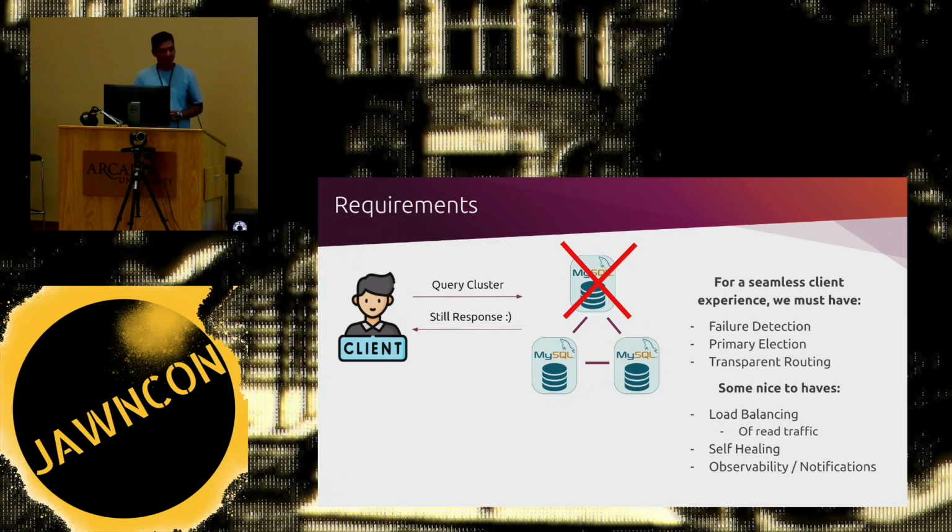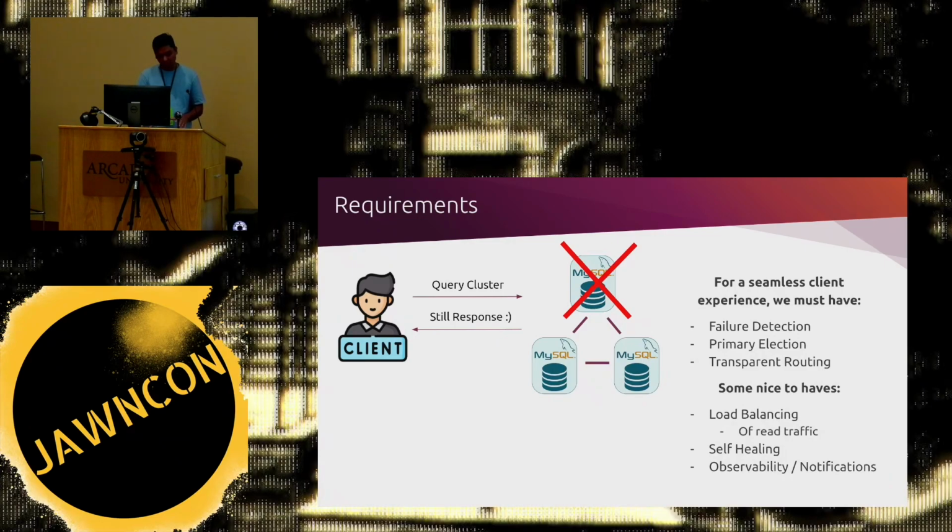Self-healing, so again, that covers any failure scenario, and having the cluster recover itself is a really nice thing to have. Another thing is observability. With any software system you would ideally want a way to look into what's running in your cluster, and get notifications if things go down.